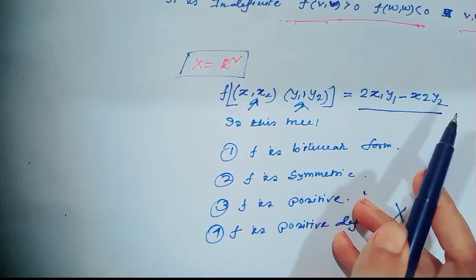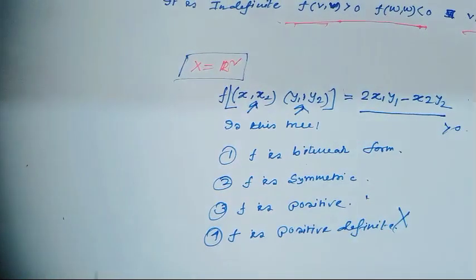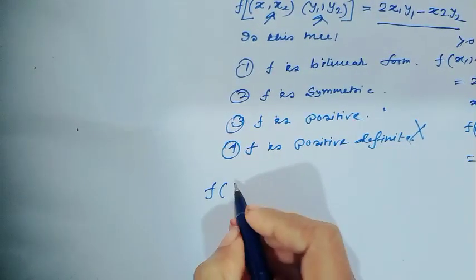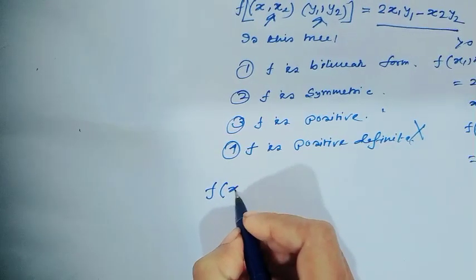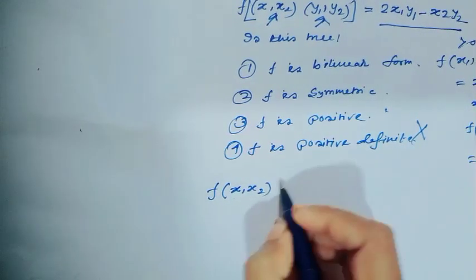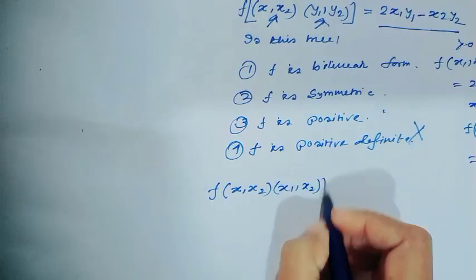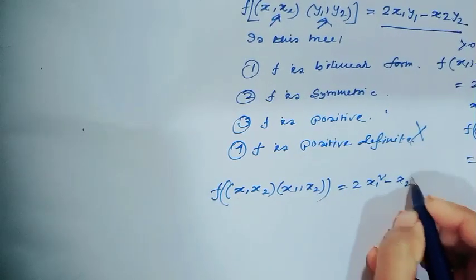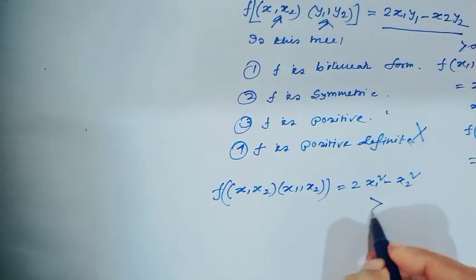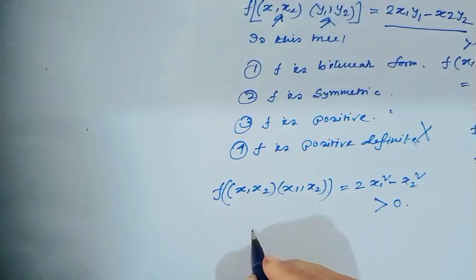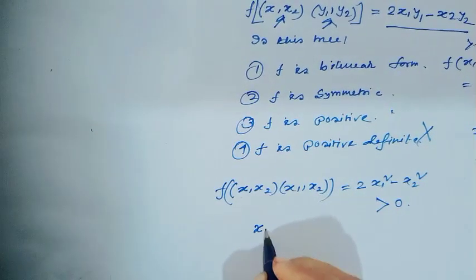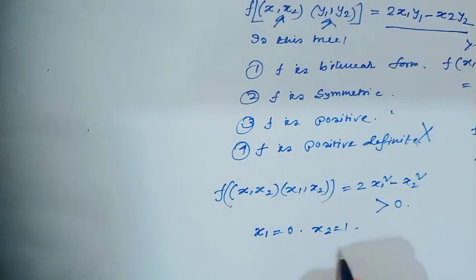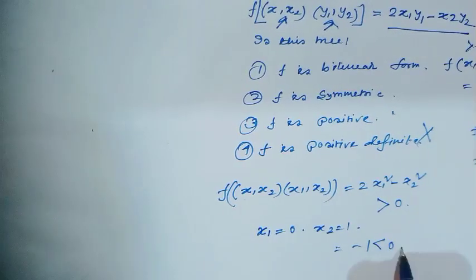But this is not necessarily always strictly greater than 0, because if you choose the particular vector x1 equal to 0 and x2 equal to 1, then this value would be minus 1, which is strictly less than 0.